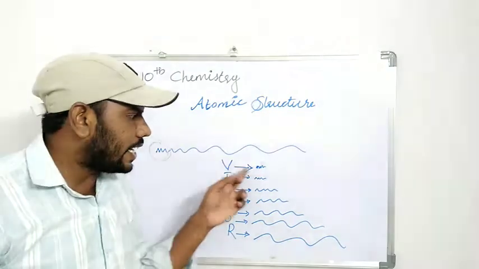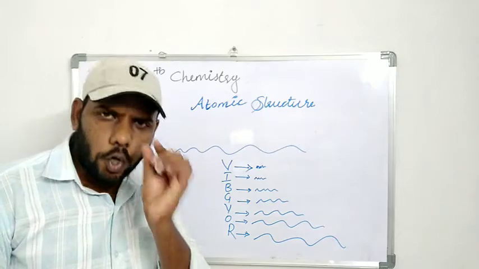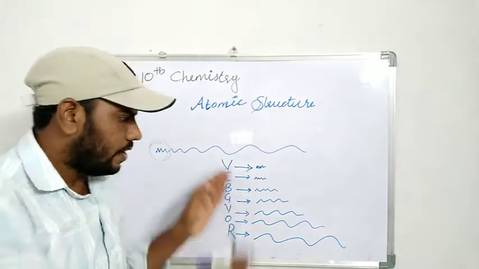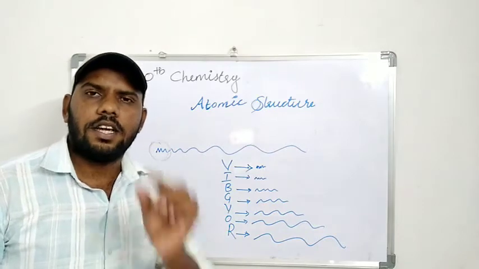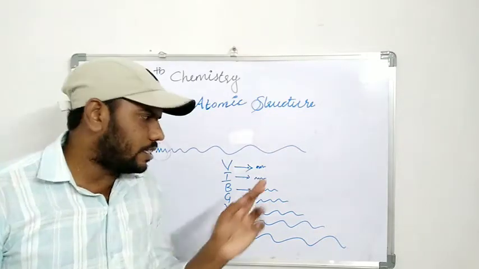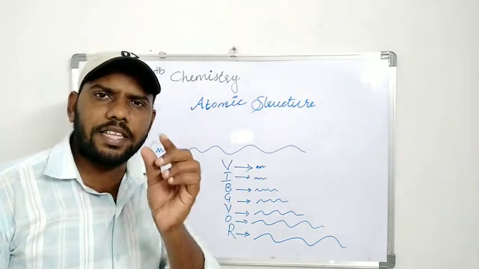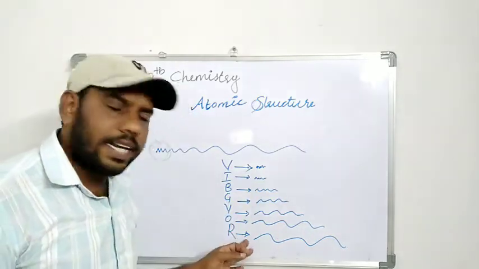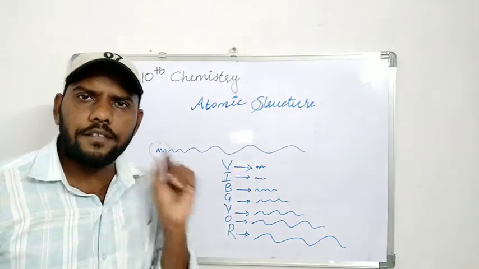Violet has a large number of frequency but low wavelength. Very important point to understand correctly. Violet has low wavelength but higher frequency. But red has higher wavelength but low frequency.